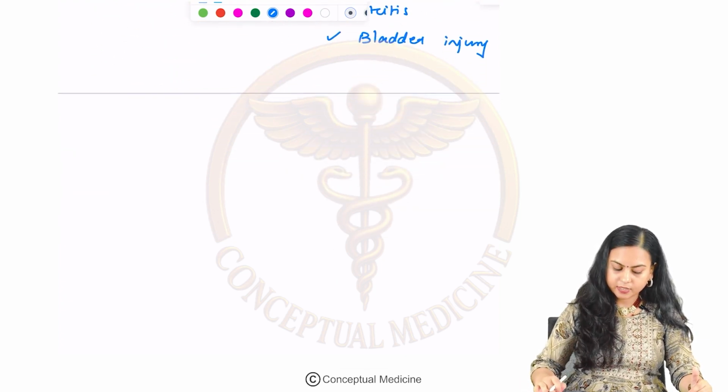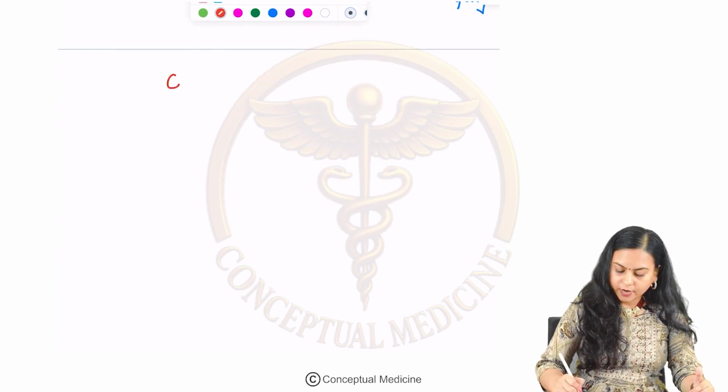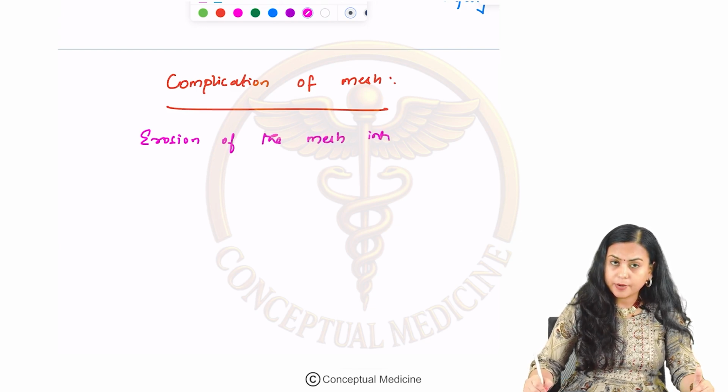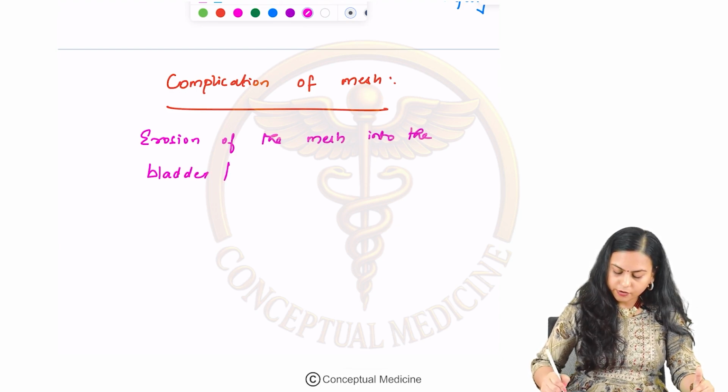Right. Now we have to know one thing, that is complications of mesh as well. Sometimes there can be erosion of the mesh into the bladder or urethra.